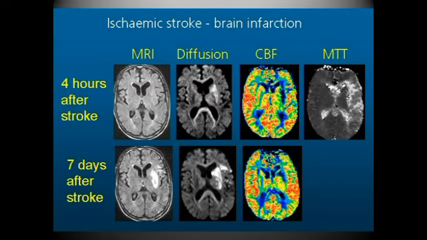Then 7 days after the stroke, we have this area on just MRI. But if we notice the diffusion, we see that. The CBF, we have it. And then on the MTT, we even have the area too. And so 4 hours after the initial onset of the stroke, we can still visualize the damage being done.